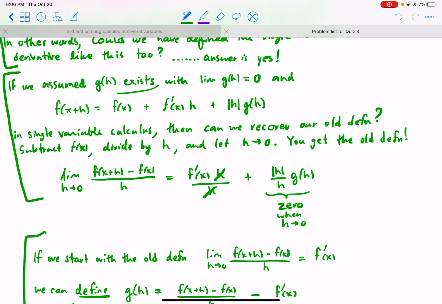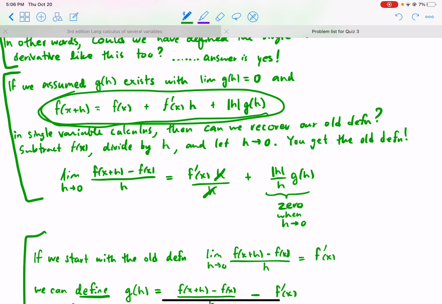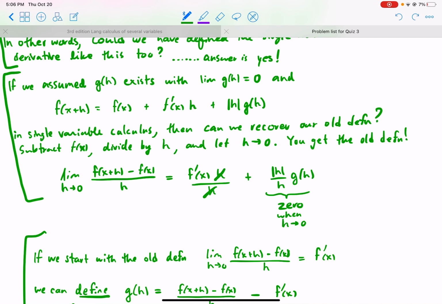First, if we assumed that some error function exists with the limit being 0, and that this formula is true in single variables, then can we recover our old single variable definition for this thing? Well, yeah, subtract f of x, so we get this numerator, divide by h, so that we get this thing, and then let h go to 0.